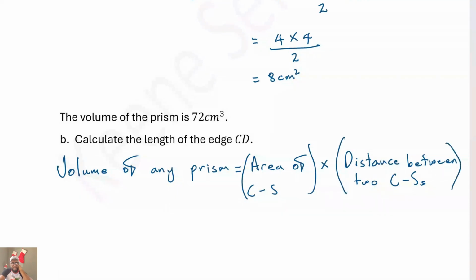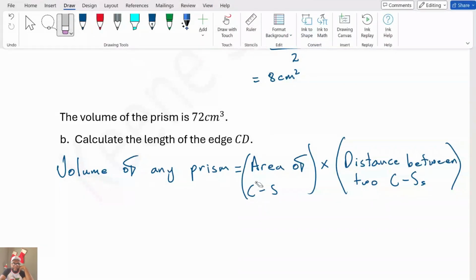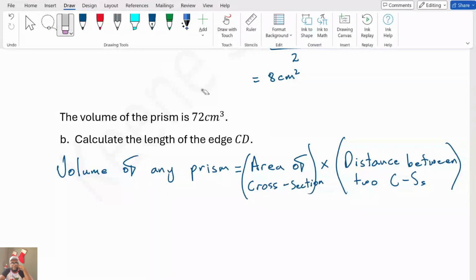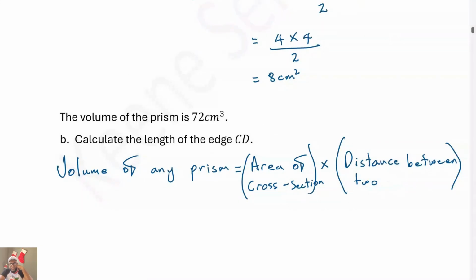What is the area of the cross section? We actually have two things here. We have the volume of the prism, right? Well, the volume of any prism, this is just the formula. Write out the word cross section, please.